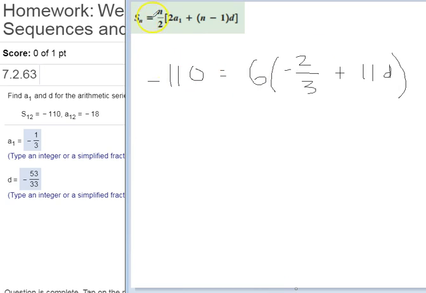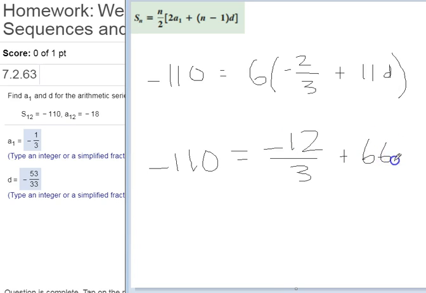We have our sum of the first 12. 12 divided by 2 is 6. 2 times A1, which is what we just solved for, so that'd be 2 times negative 1/3. That gives us negative 2/3. And then plus n minus 1. So 12 minus 1 is 11. 11 times D.